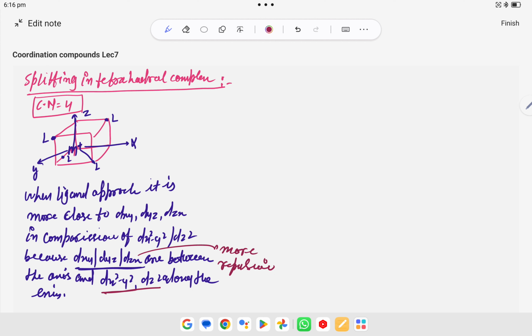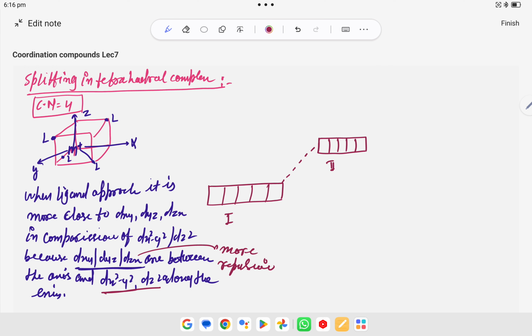Thus, d orbitals also split into two groups. Check it once. Here, d orbitals 1, 2, 3, 4, 5. State 1. Then what happened with ligand, 1, 2, 3, 4, 5.